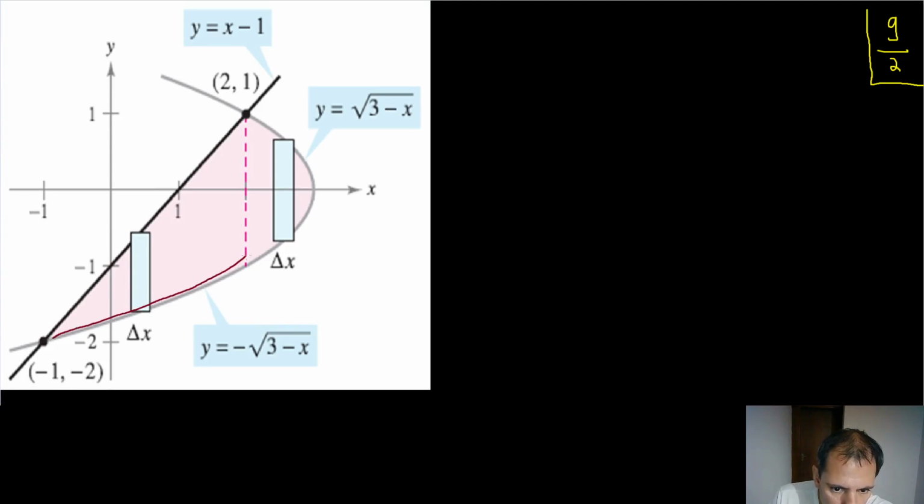Here up to here, it's one function. From here to there, it's another function, right? And the x is just going to be x. Don't have to worry about that.